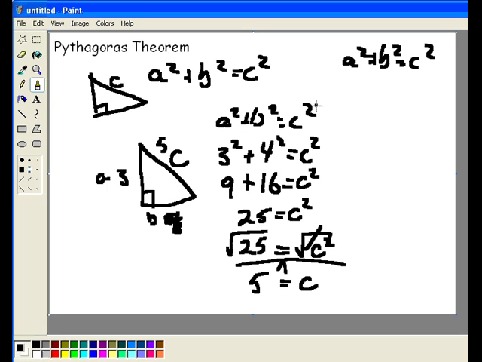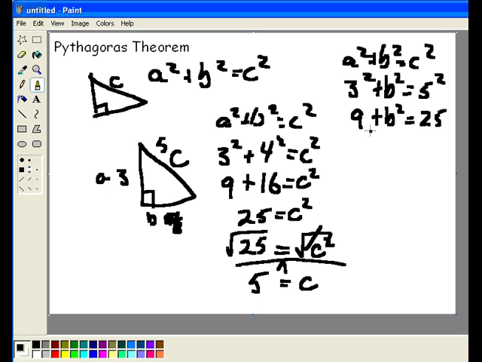Well, I'd pump this into the formula, and I'd end up with 3 squared plus b squared, which I don't know, equal to 5 squared. Let's solve. 3 squared is 3 times 3, which is 9, plus the b squared equals 5 times 5 is 25.